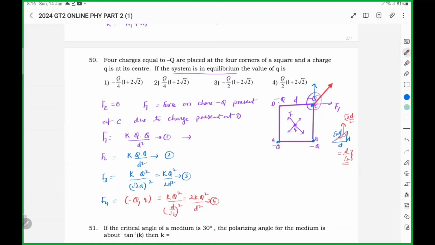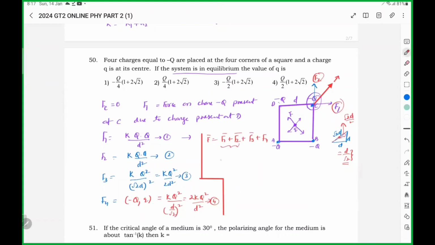Totally 4 forces are acting on this. So the net force here is F1 plus F2 plus F3 plus F4. F1, F2 are equal in magnitude. Since they are equal in magnitude, the resultant of these two forces will be along the diagonal.